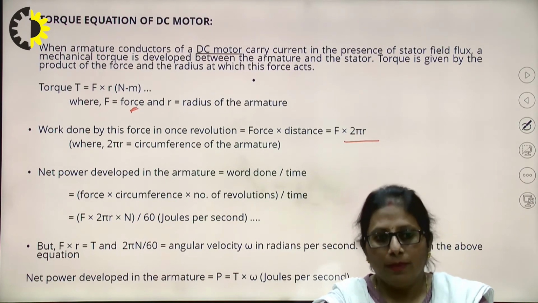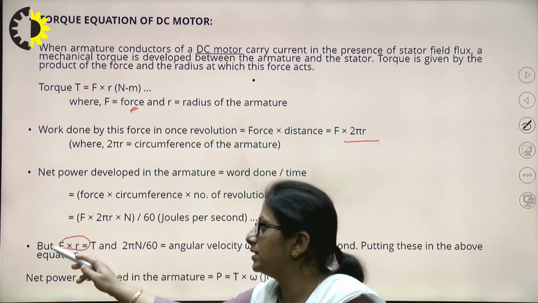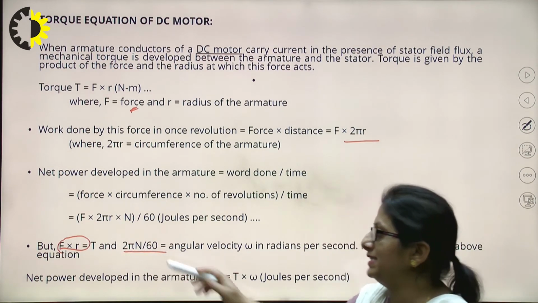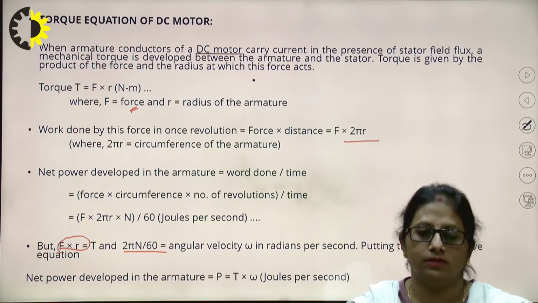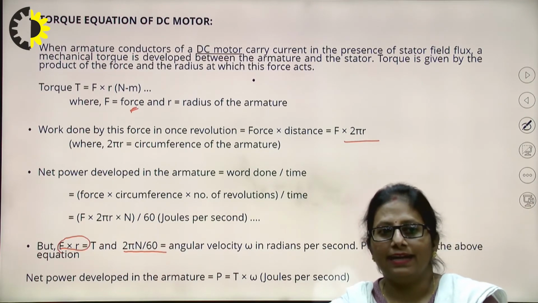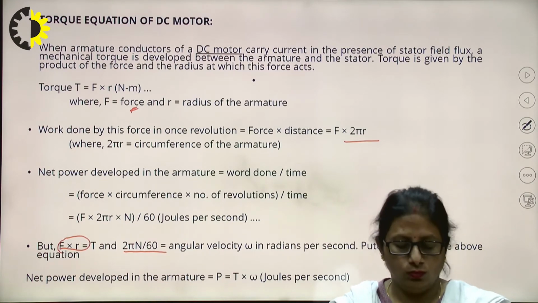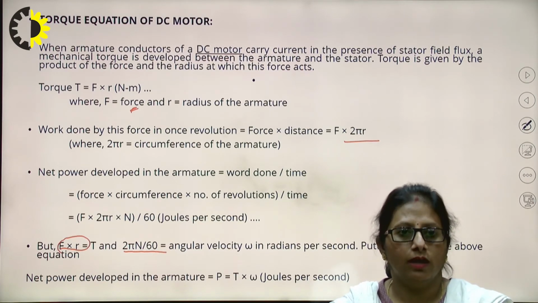But we also know that F into r gives us what? That is the torque. And 2 pi N by 60 is nothing but the angular velocity omega in radians per second. So putting these in the above equation, the power developed in the armature is given by P equals the torque multiplied by the angular velocity omega, joules per second.